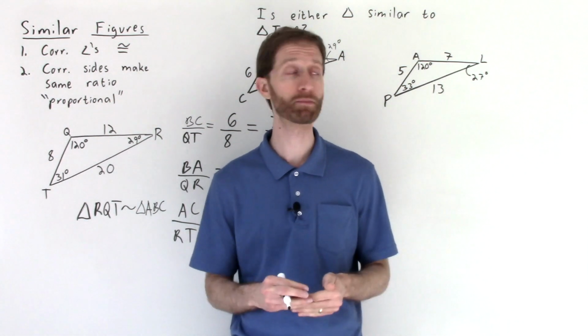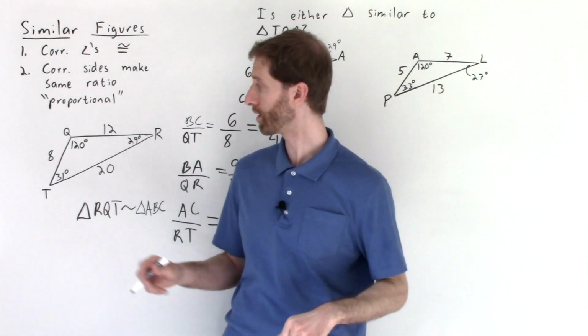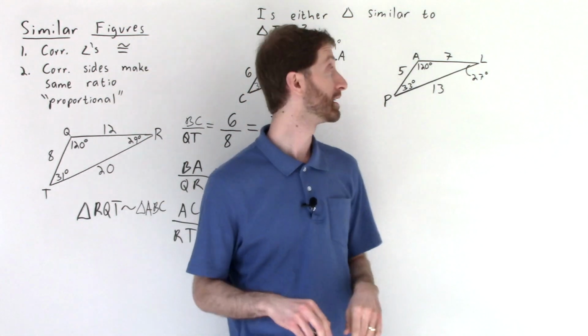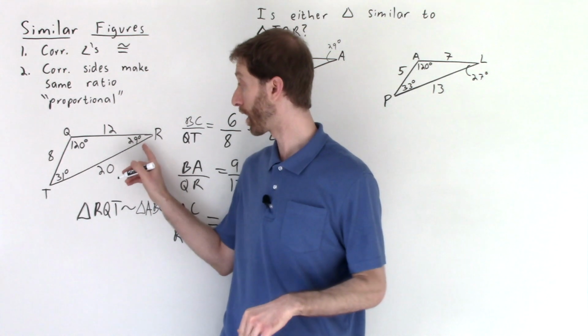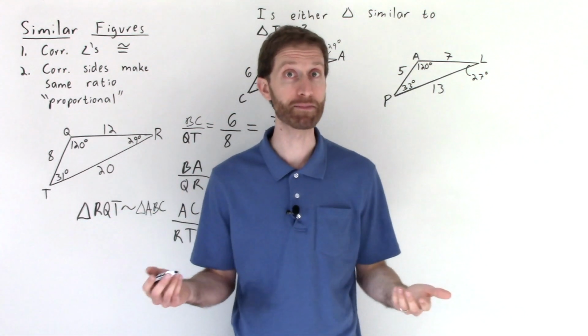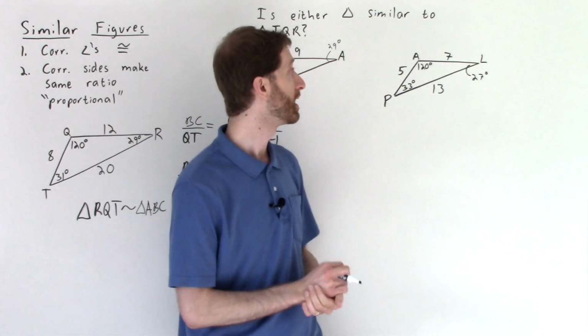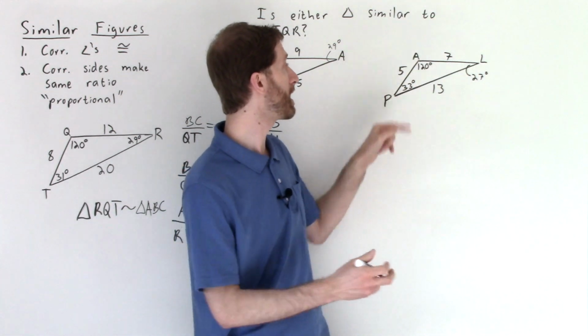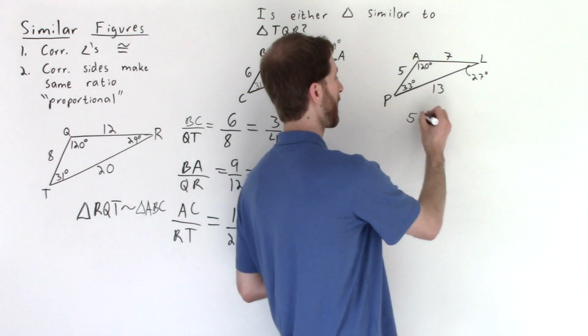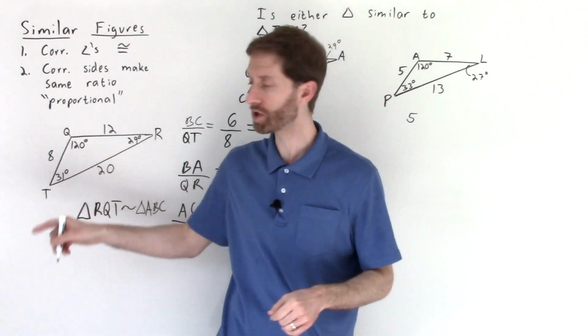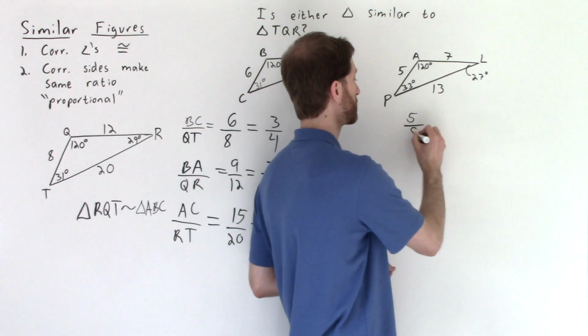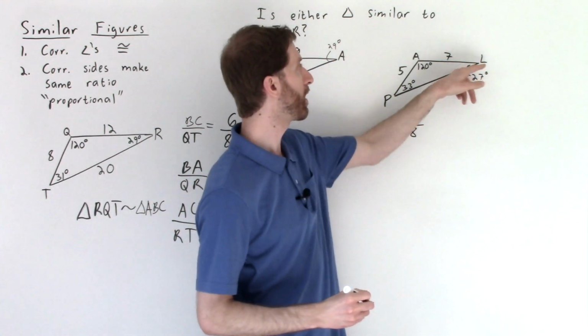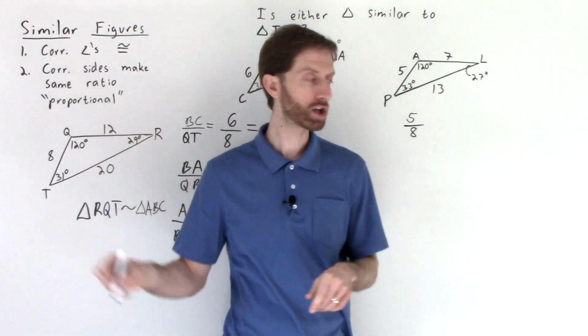So it can be that simple. You could also notice that angle L is 27 and angle R is going to be 29 degrees. They're not the same measure. So again, not similar. And there's another way. If we compare AP, which is 5, to the corresponding part QT, which is 8, we get a ratio of 5/8. But now compare LA to RQ.